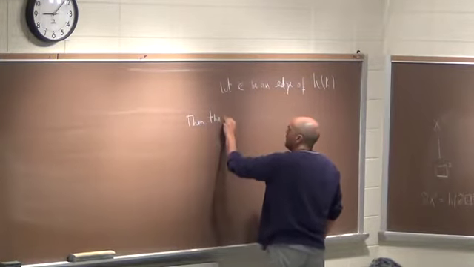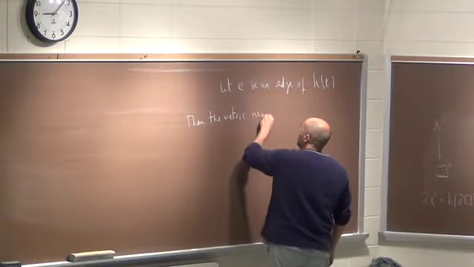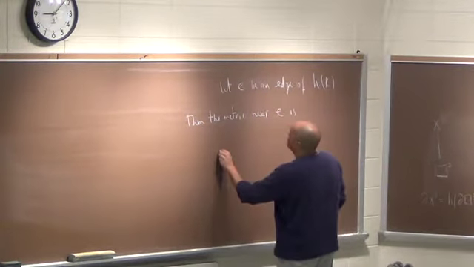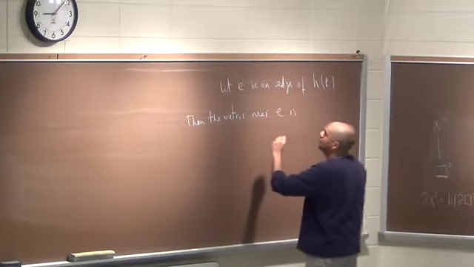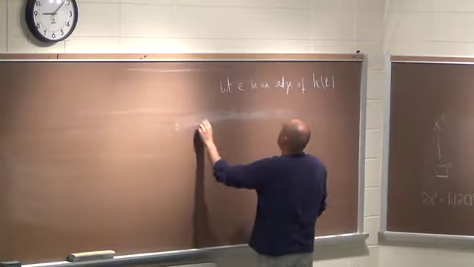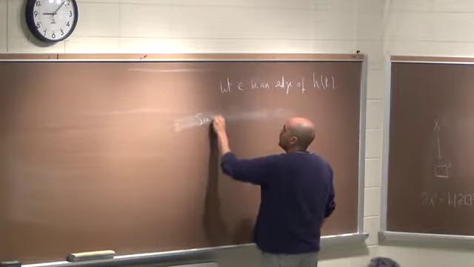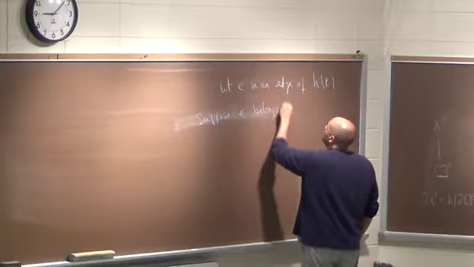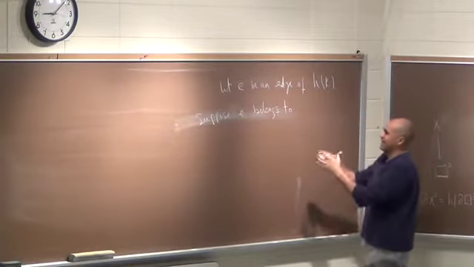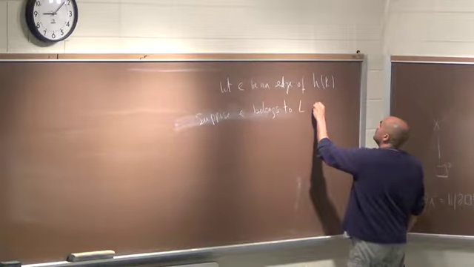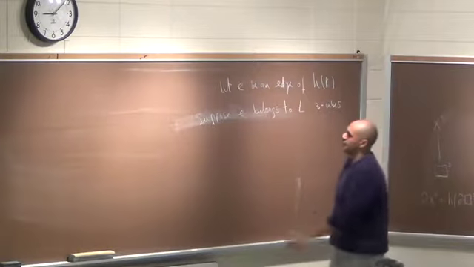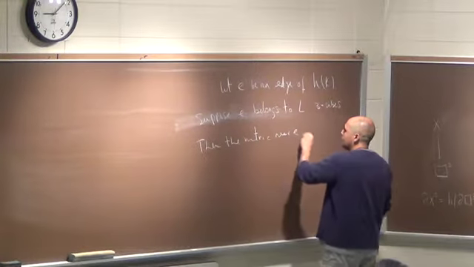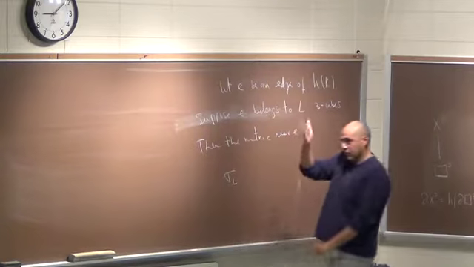Then the metric near E is, well, the cross-section. Suppose E is contained in exactly L three-dimensional cubes. Then the metric near the edge is, so you have the sigma L, which is the cross section, but then you have to work.